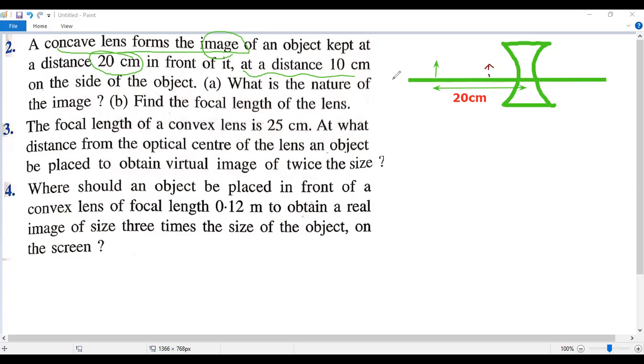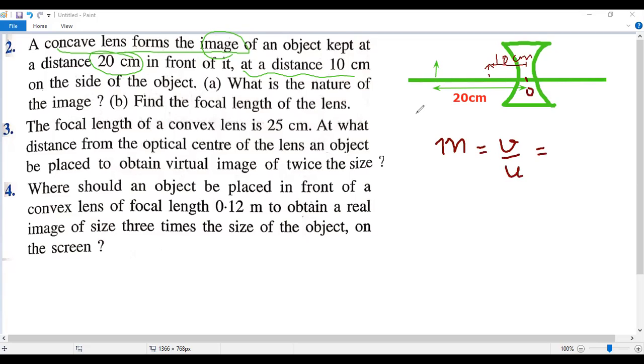Now, if we want to find the nature, we cannot directly write down the characteristic of the image. The distance between image and optical center is 10 centimeter. So to find it, we will use the formula of magnification. So students, linear magnification is equal to V by U. Now what is V?